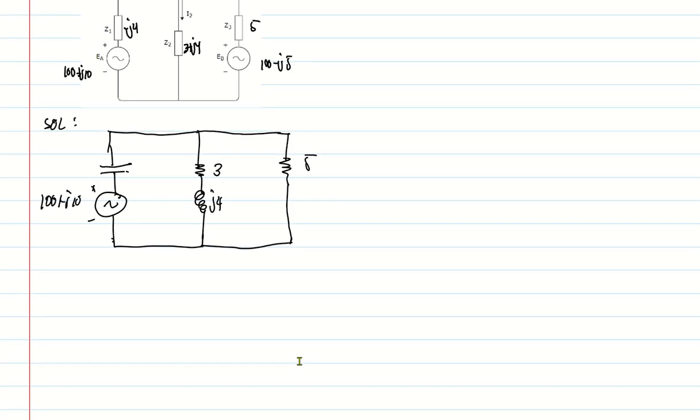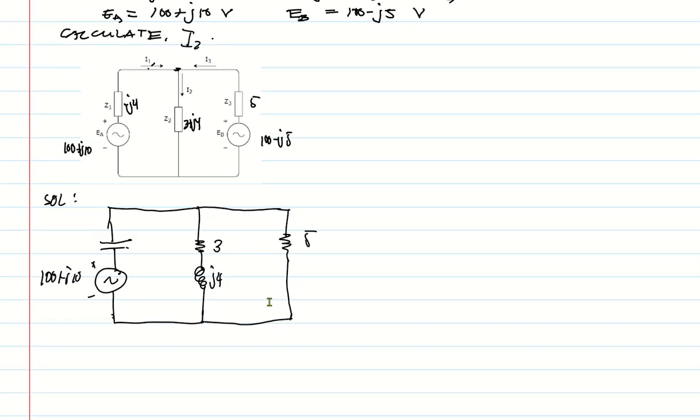So this time, after retaining one source, we can now calculate the effect of that source on the parameter or the component that we want to solve for. For example, we are solving for I2. So we want to determine the effect of 100 plus J10 on Z2, or 3 plus J4.